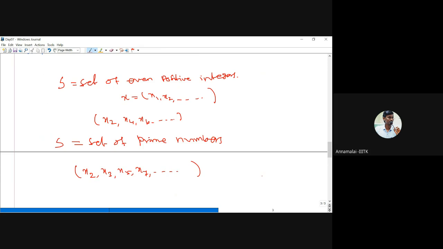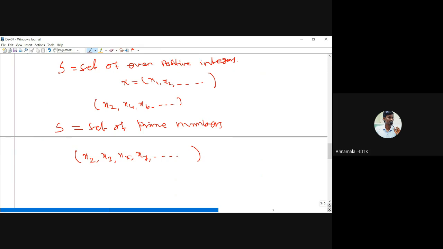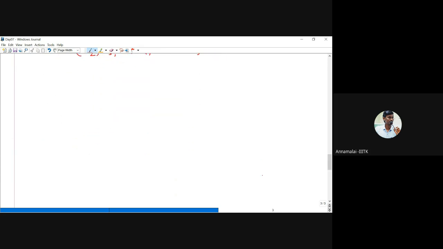And you already know the well-ordering principle. What is the well-ordering principle? If you take any non-empty subset of the natural numbers, it has a least element. That is a very important principle.